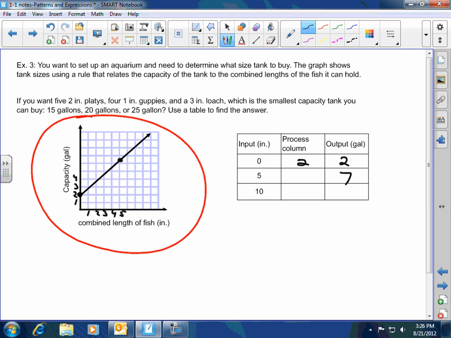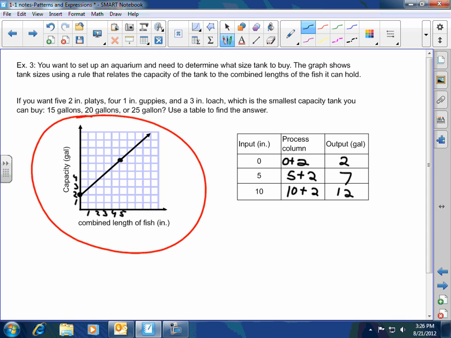So it was 0 plus 2. If we use that rule for the next input, 5 plus 2 is 7. If we use that rule for the next input, 10 plus 2 is 12. So now we know how we're processing this. For every input, we've got to add 2, and that's going to give us the output, the number of gallons that we need in that particular fish tank.